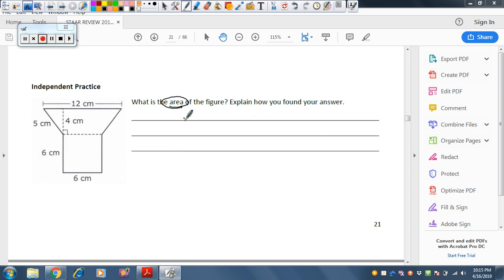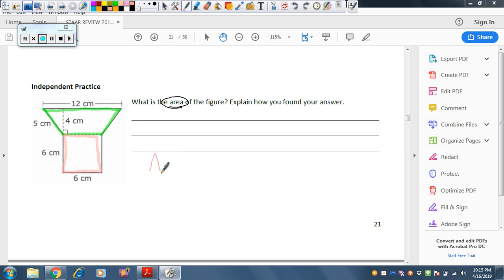Question says, what is the area? Explain how you found your answer. If you are showing your work, I can see how you found your answer. I would divide it into a trapezoid and a square. So 2 formulas.